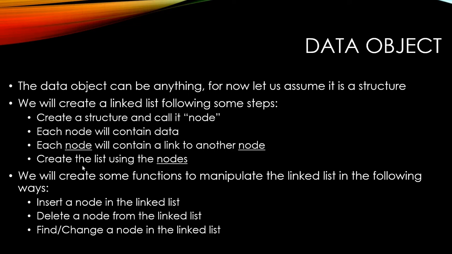So we'll be creating the list using nodes. All of those objects that you've seen will be nodes and each will be connected to each other. Then we'll create some functions to manipulate the linked list in the following ways. Let's say we want to insert a node in the linked list. Otherwise, why do we use a linked list if not for inserting and deleting nodes and finding or changing a node in the linked list?